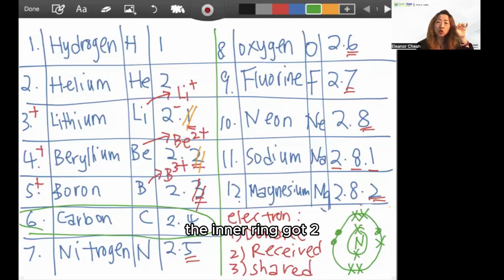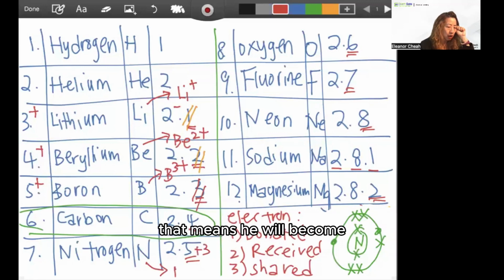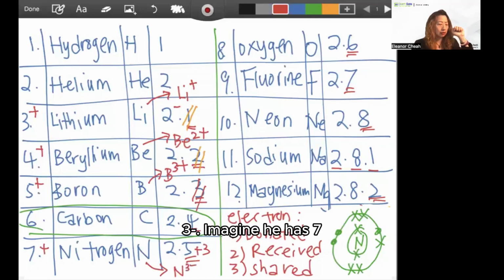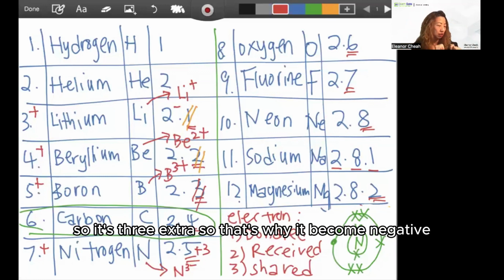The inner ring has 2. So now, nitrogen will attract 3 more. That means he will become 3 minus. So imagine he has 7 positive charges but 10 negative charges. So it's 3 extra. That's why it becomes negative.